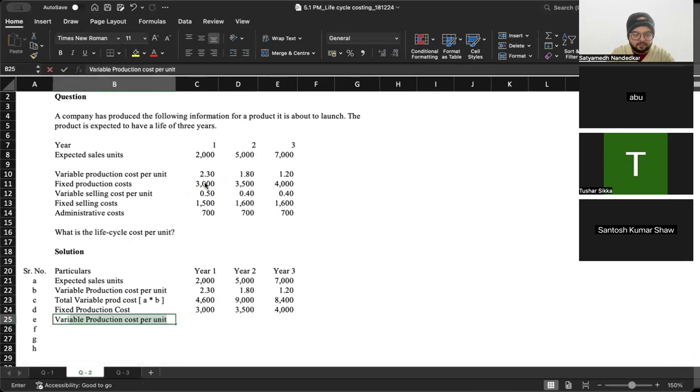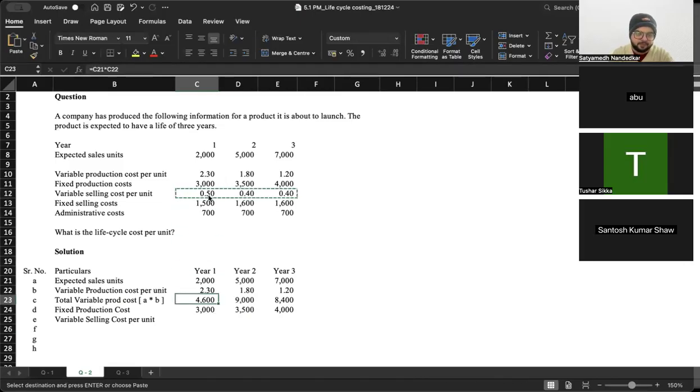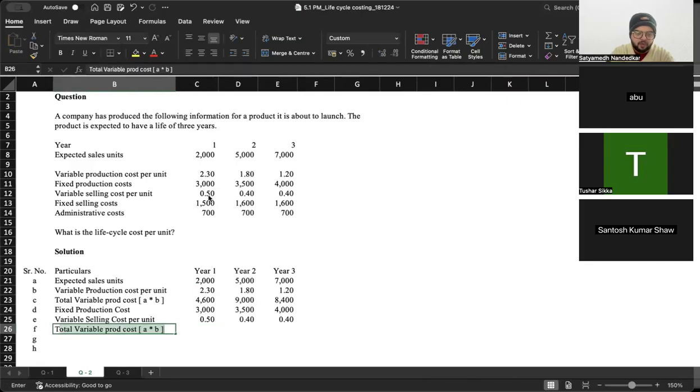then variable selling cost per unit. You will have total variable selling cost, A, number of units, into E, selling cost per unit.